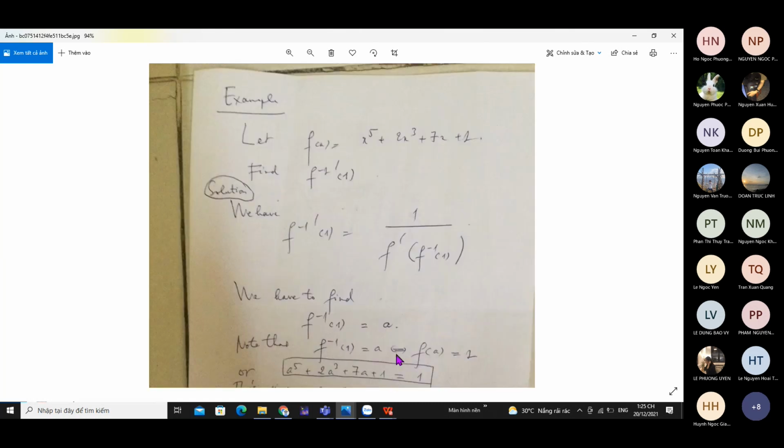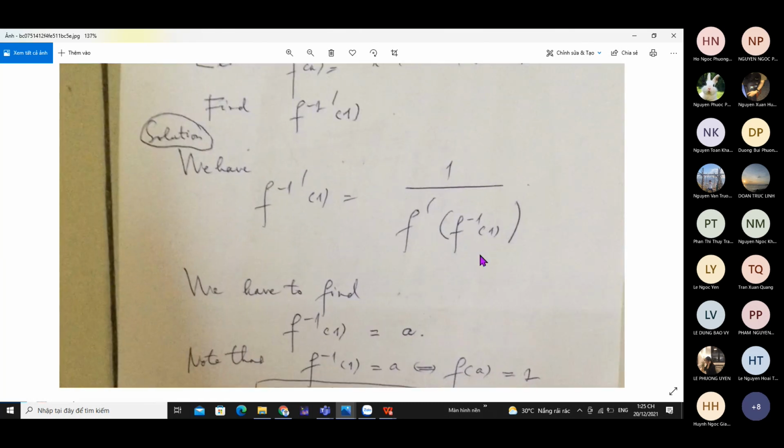The key thing here is you have to determine the value of f inverse of 1. How to find f inverse of 1? We just apply the definition of inverse function.